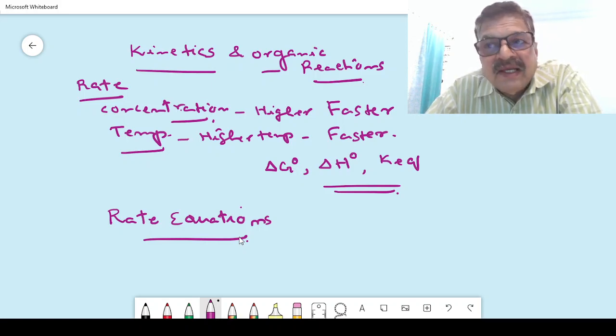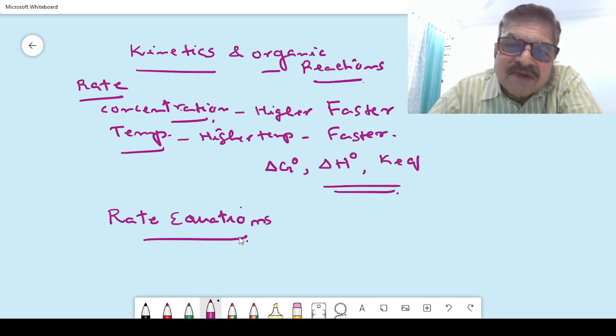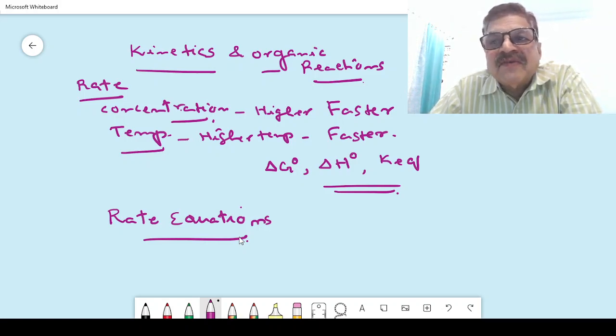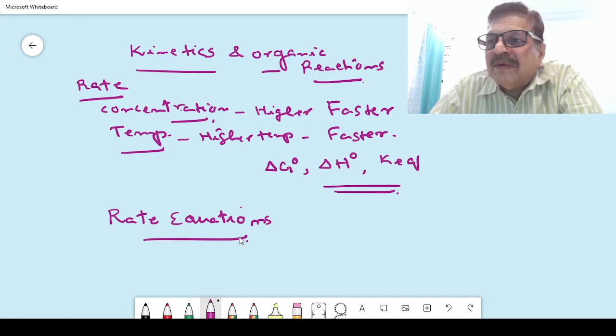When the reaction proceeds, the concentrations of the reactants decrease over a period of time, so you measure that decrease. Or you measure the increase in the concentration of the products over a period of time. Either way, the reactants are decreasing and the concentration of the products is increasing. That is how it is determined, over a period of time.